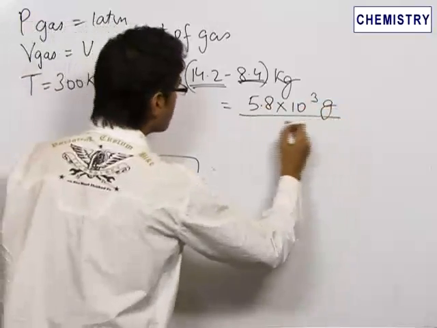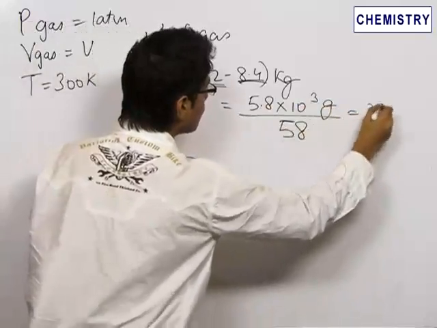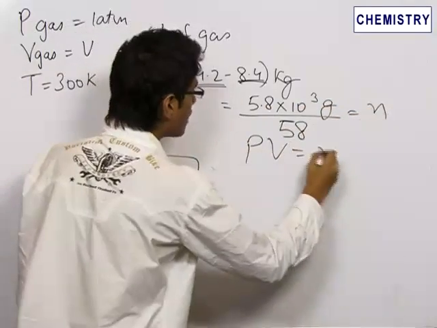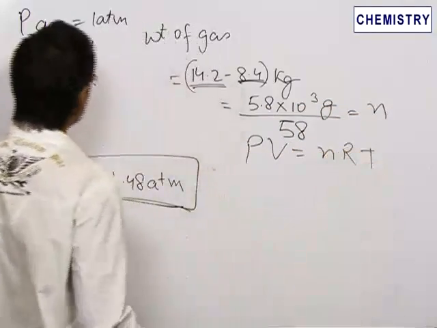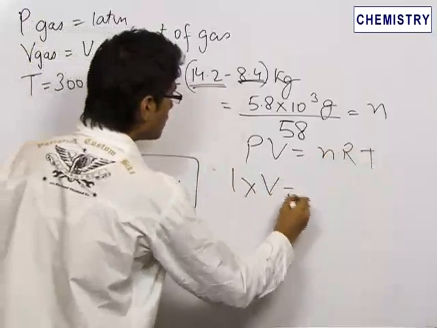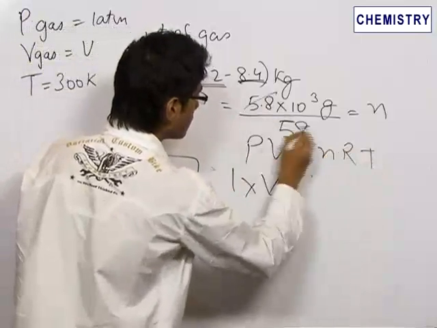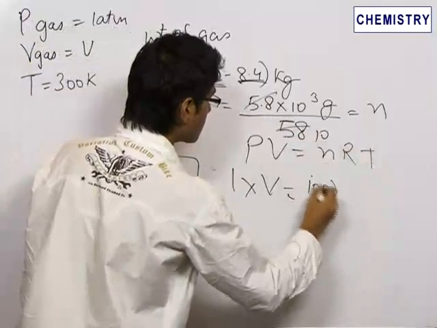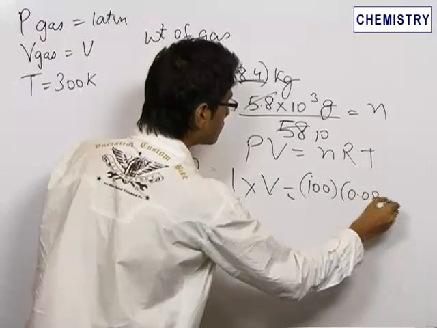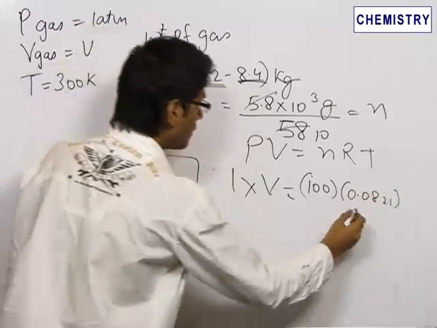On dividing it by 58, we get the number of moles. So using PV equals nRT again for the leaking gas, we have 1 into V is equal to 100 into 0.0821 into 300.